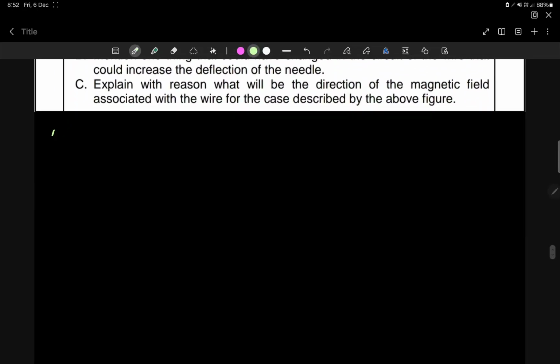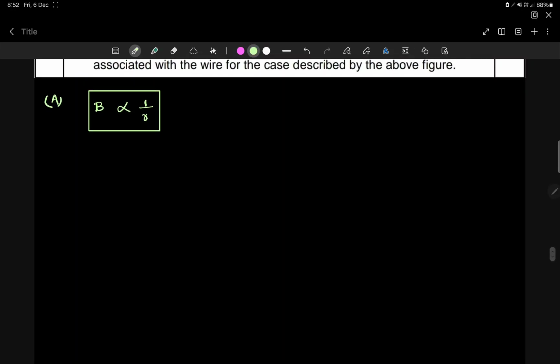Its answer is, we know the strength of magnetic field is inversely proportional to R. So what you have to write in language? B means strength of magnetic field, and what is R in this case?